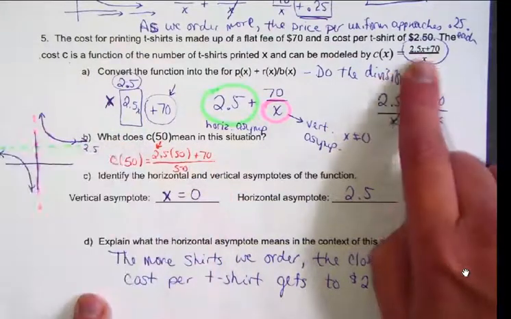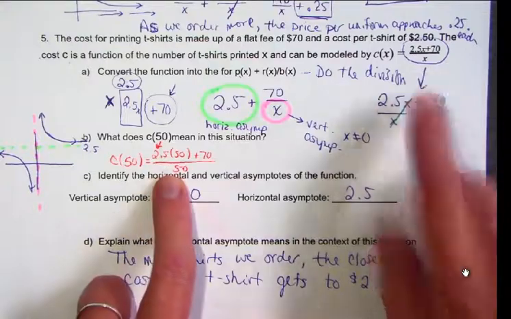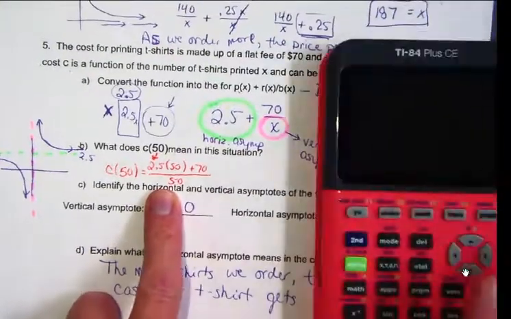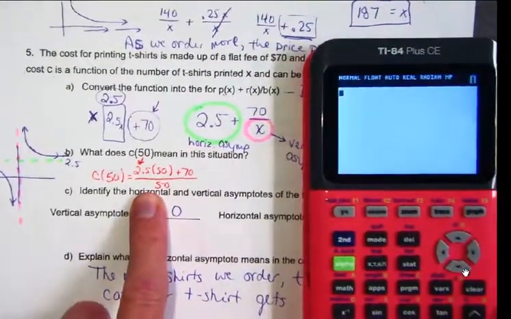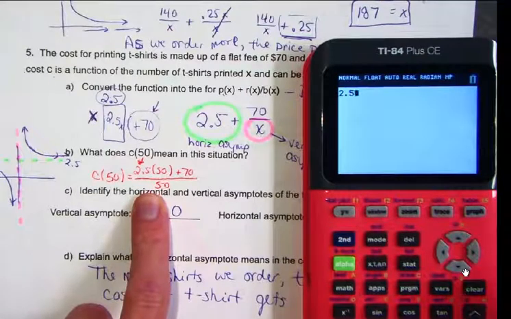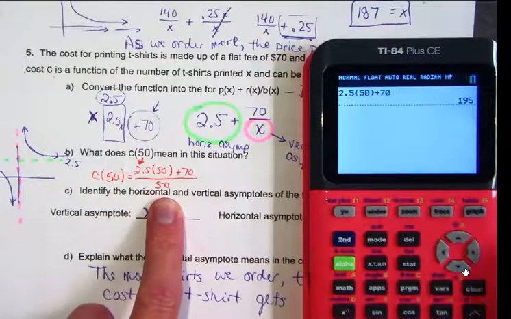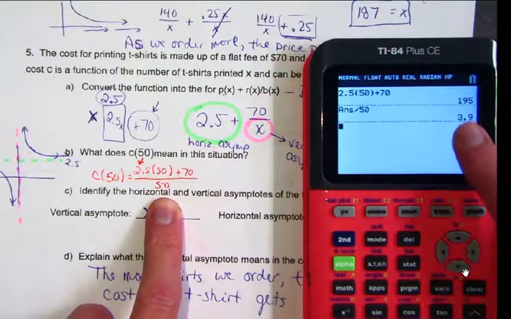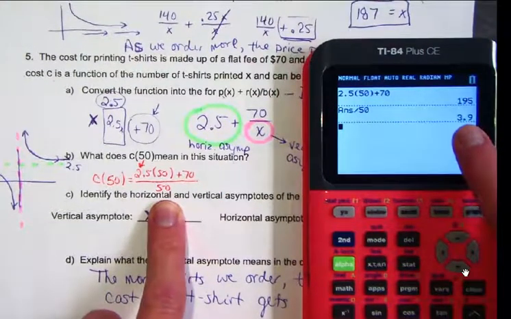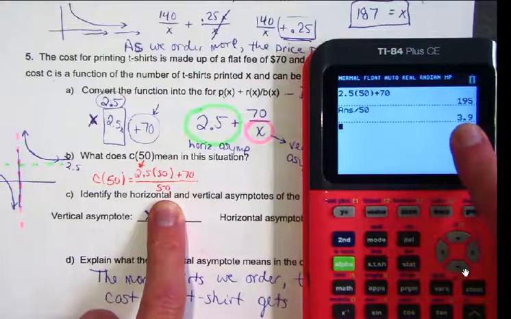That is x, and x is in the numerator and the denominator. I want to actually figure out what this calculation is before I'm ready to interpret it. And I see that my answer is 3.9.